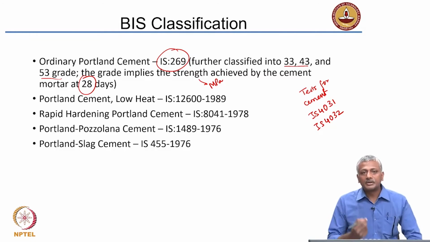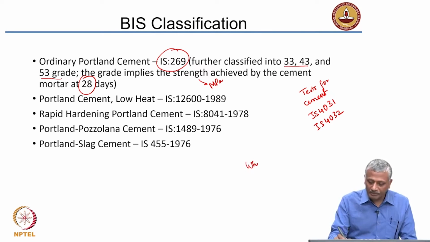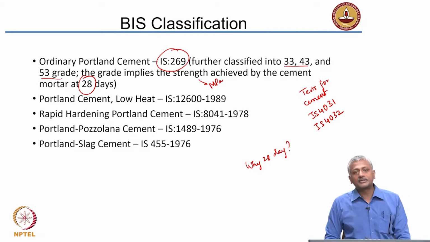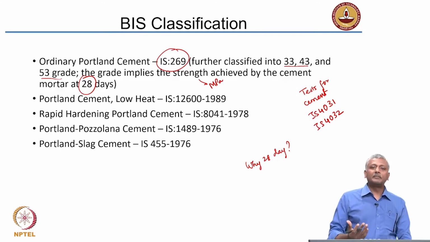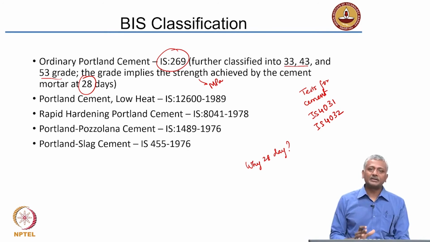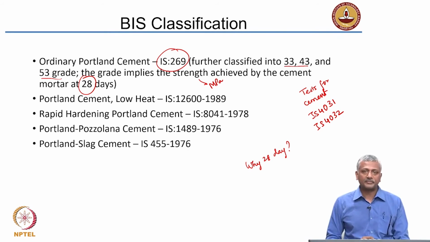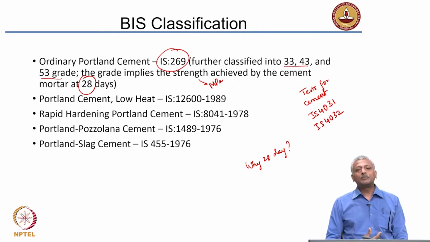So, a couple of questions for you to understand why we consider 28 days strength. It is because most of the cement that is likely to hydrate would complete its hydration within 28 days for a general purpose cement, type 1 cement. If you think about low heat cement, 28 days is probably not enough. You may have to think about a much longer time period, increasing the time over which the reaction actually happens with water.